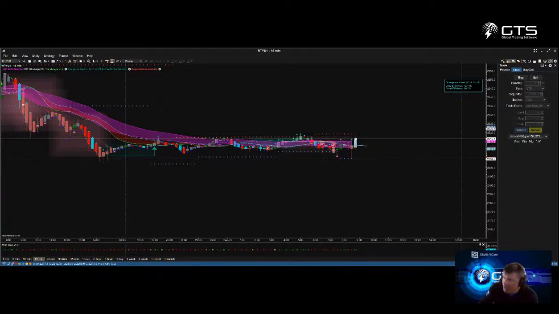The body of this candle is not above any of this. The price is above it, but the body of this candle is not, which tells me that there may not be a lot of oomph behind it. So definitely be wary about a retracement on that.